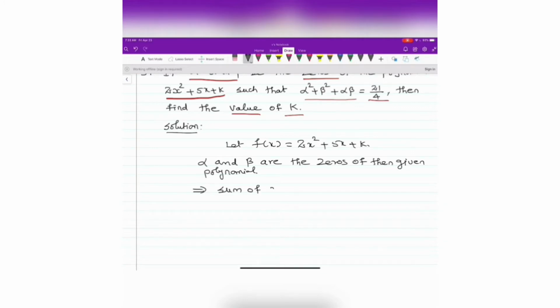Sum of zeros is equal to alpha plus beta. You know that is nothing but minus coefficient of x by coefficient of x square.